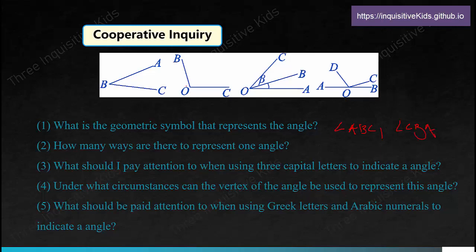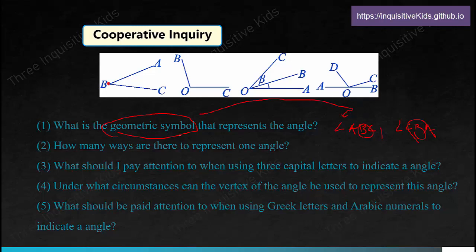But remember that start point? You see how B is the start point? The letter of the start point always has to be in the middle. So you could flip around the A and C, but B is always in the middle. And this is the geometric symbol that represents the angle.